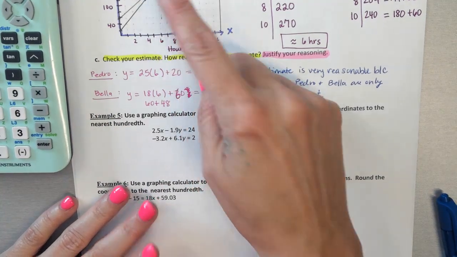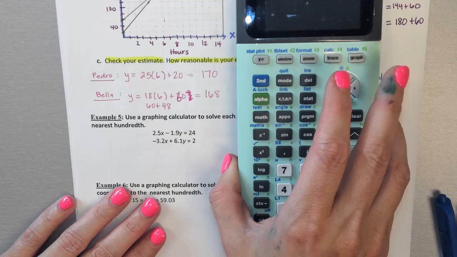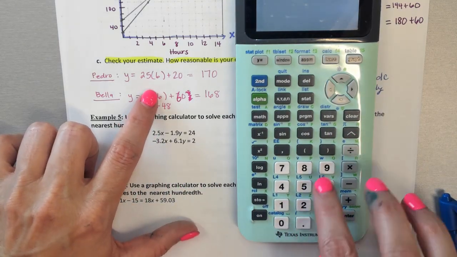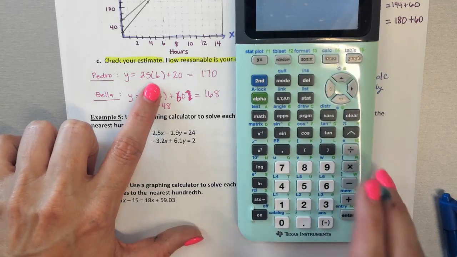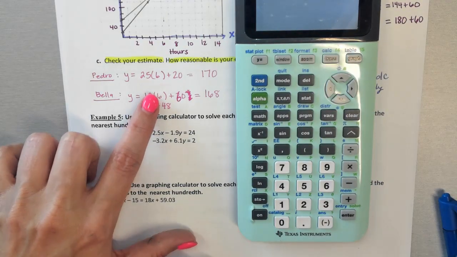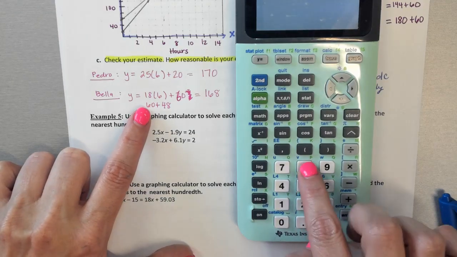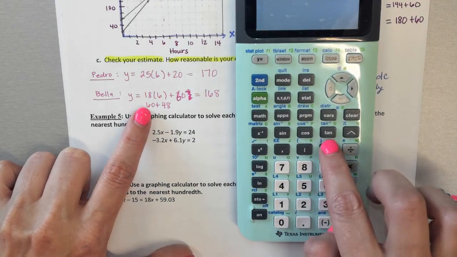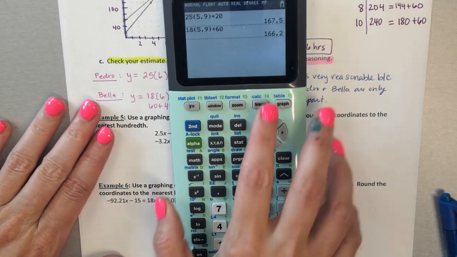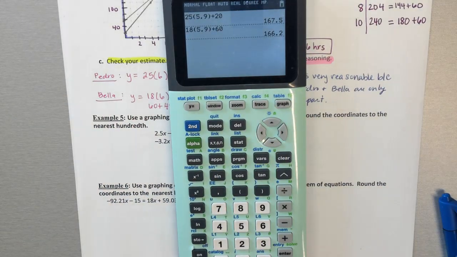If I was being technical, I might plug in like 5.9. If you have something like that, please feel free to use your calculator. So if I plugged in 5.9 plus 20, okay, I'd have 167.5. If I plugged in 18 times 5.9 plus 60, okay, oh, those are really close together.